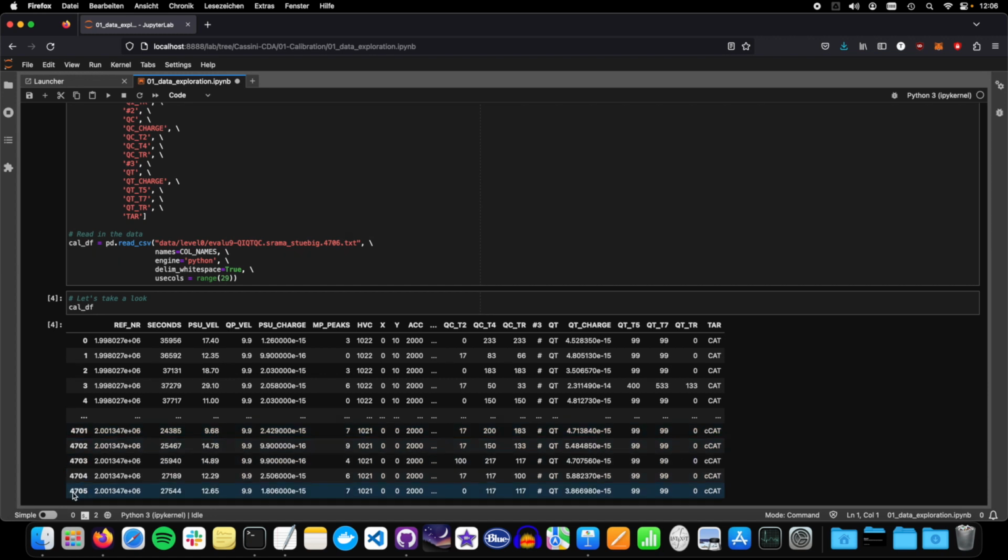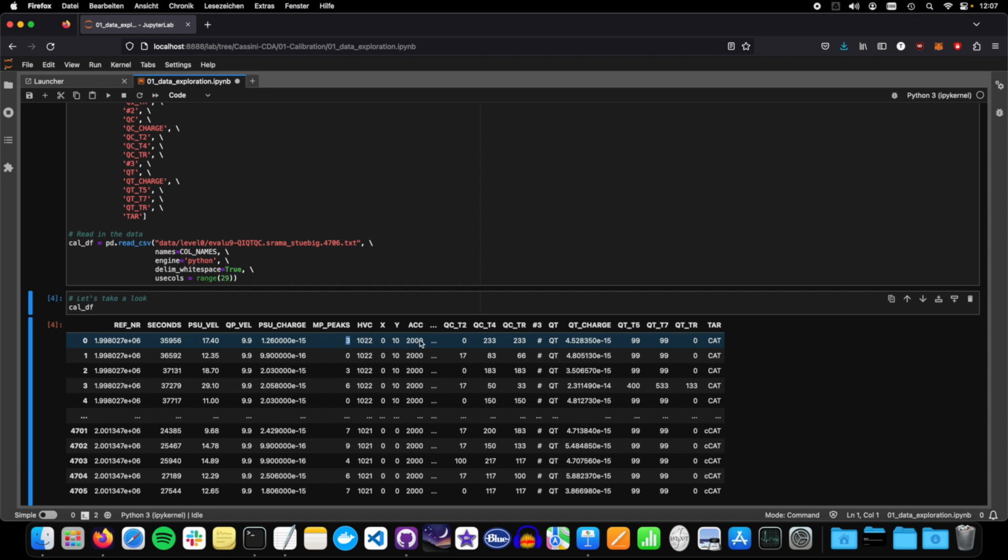And in total, we have 4,705 events. We have also the charge of the particles here given in Coulomb, and then also the number of peaks that the instrument measured. As you may remember, we have this time of flight mass spectrometer, and we do not have the spectra or the signals in the data, but we have some kind of algorithm that already determined how many peaks have been recorded, and this will be interesting for the next video.